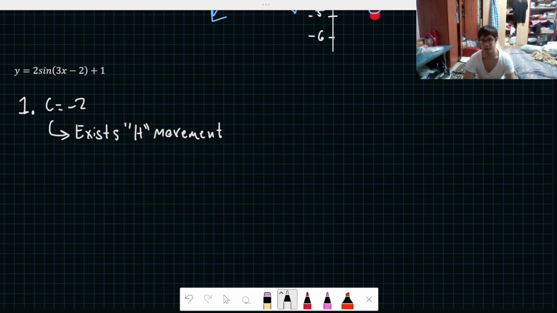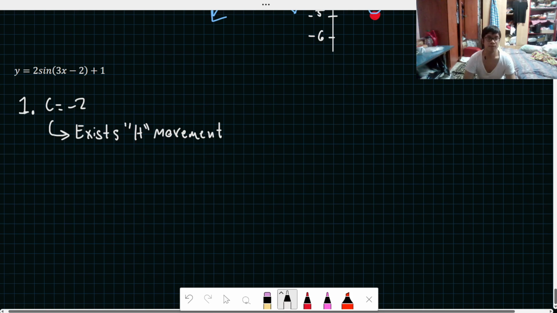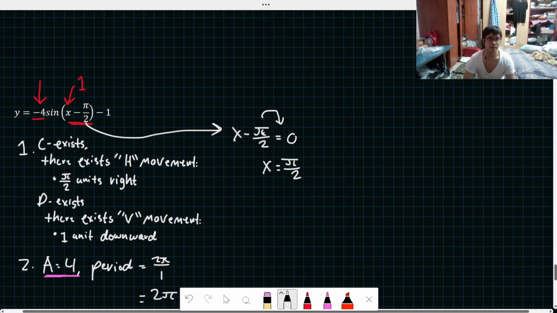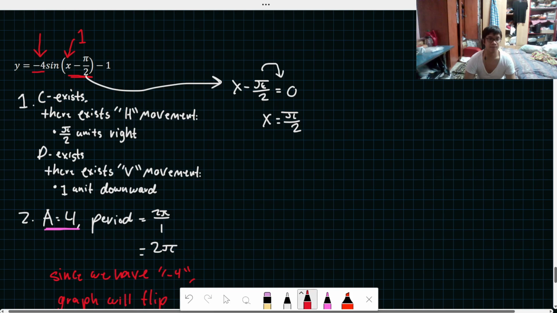And how far will the movement be? I forgot to mention to you guys, I get pi all over 2 units. So how did I know that it will really move pi all over 2 units to the right?